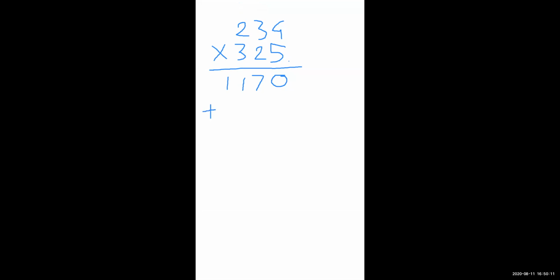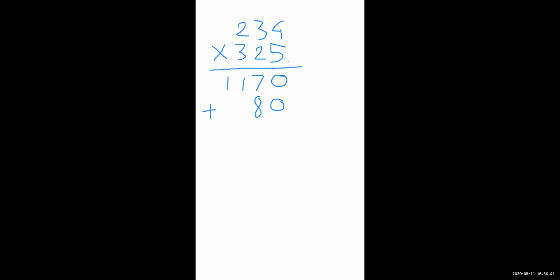The next step we are going to do here: 234 multiplying by 2 tens. You know that one 10 has 1 zero. So before multiplying the two tens, I will give here 1 zero because one 10 has 1 zero. So I have given here 1 zero. Now multiply 4 2s are 8.